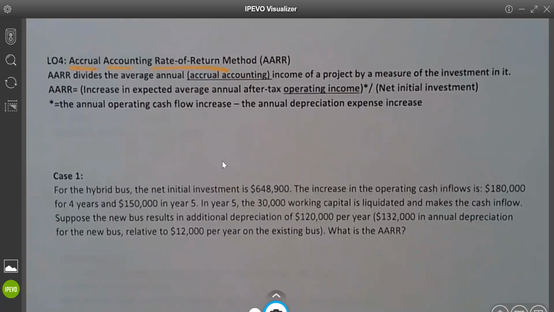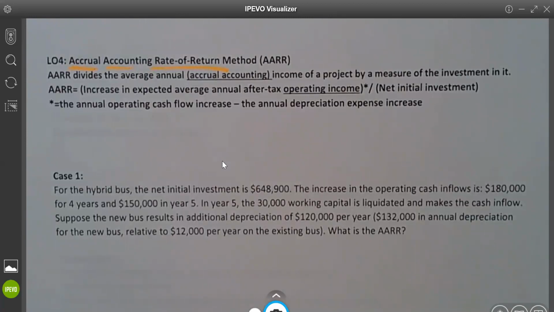You like financial accounting. Finally, we are going back to our accrual accounting, AARR. So instead of focusing on cash, this is the only method in this chapter that focuses on our accrual accounting income. So we don't think about cash, we talk about income from the operation.